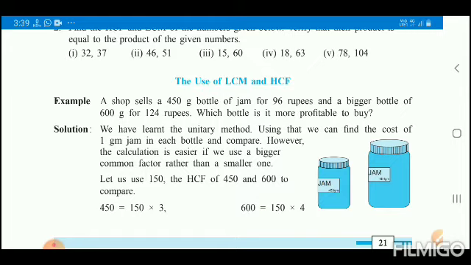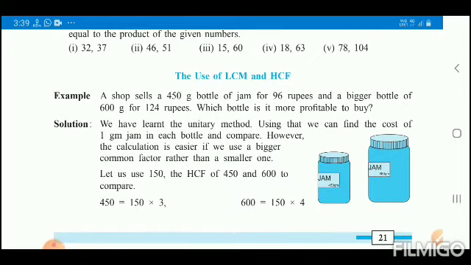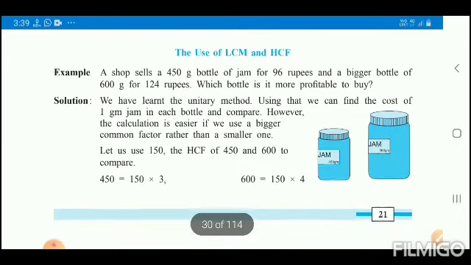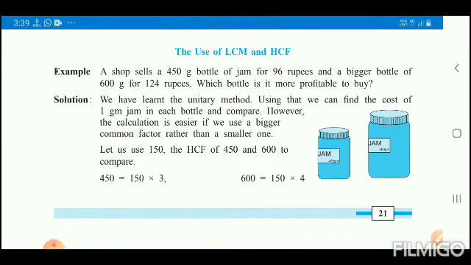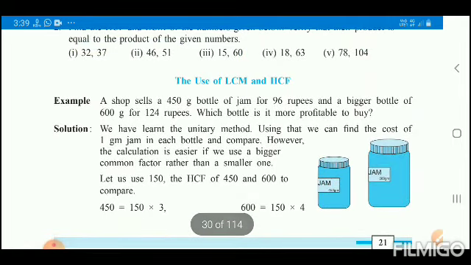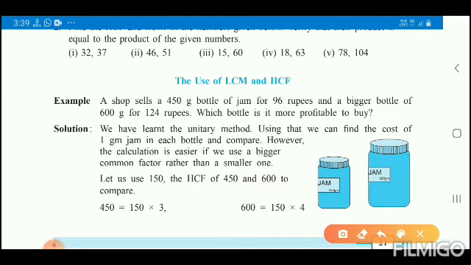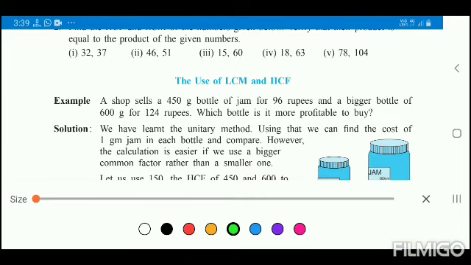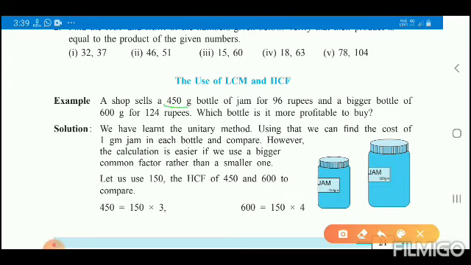Let us use 150, the HCF of 450 and 600, to compare. Now you can see when we consider the numbers 450 and 600, then the factors of these numbers are 150 into 3 and 150 into 4.